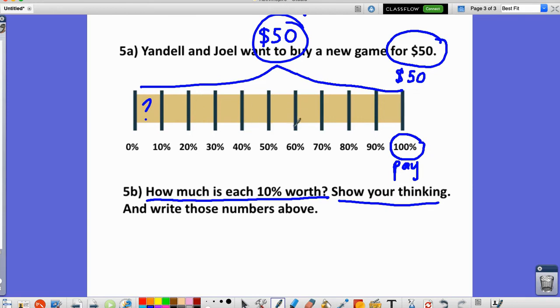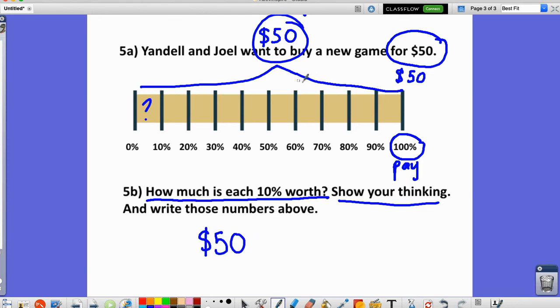They've cut this whole $50 bar, this whole 100% bar, into 10 parts. Okay? So what kind of math can we do to figure this part out if this whole thing is 50? Let me pause for a few seconds, and can you think of the math we need to do to figure this piece out? So we need to do something with $50 here. What kind of math can we do?